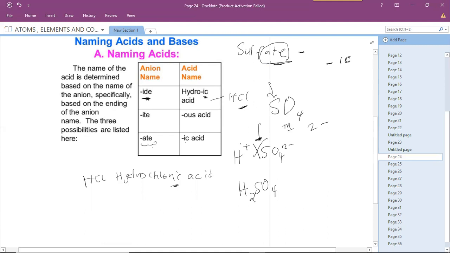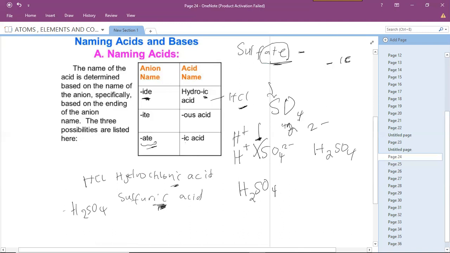For them to be equal, I'm going to need two hydrogens so that we can have two positive that side and two negative. So the formula will be H2SO4, which will be sulfuric acid. Why is it ending in -ic? Because the anion was ending in ATE. So sulfuric acid.